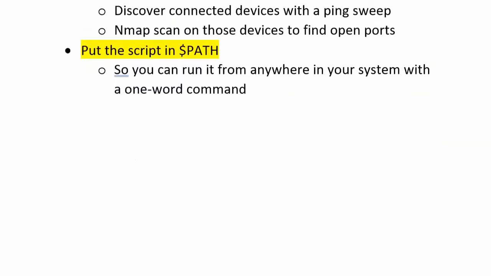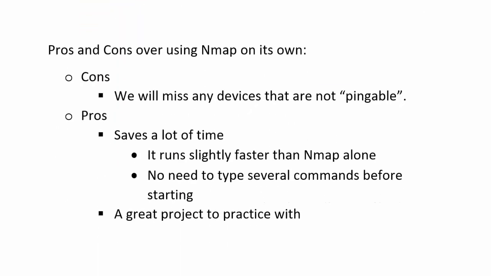And there are one or two pros and cons to doing it this way. The cons, let's talk about, is that we're going to miss any devices that are not pingable, any devices that block ping. But the pros, there are a few. It saves a lot of time. It means that Nmap doesn't have to go looking through all of the IP range. It runs a little bit faster than when we ask Nmap to do a similar thing without having first filtered the IP addresses.